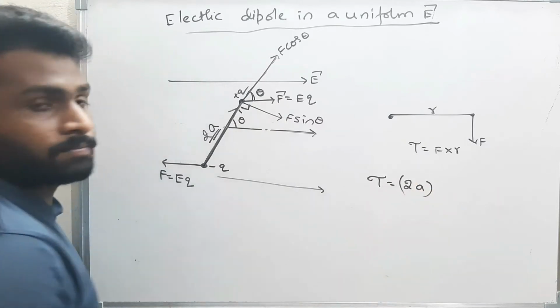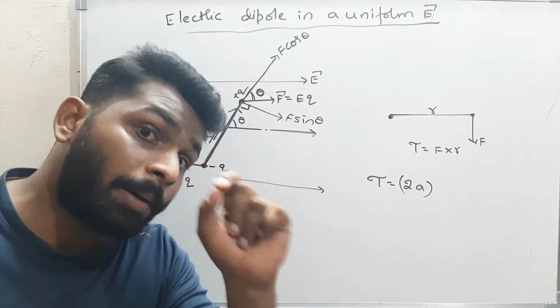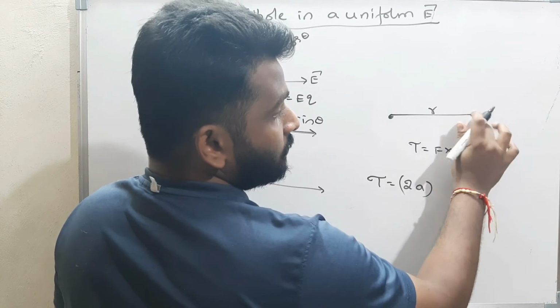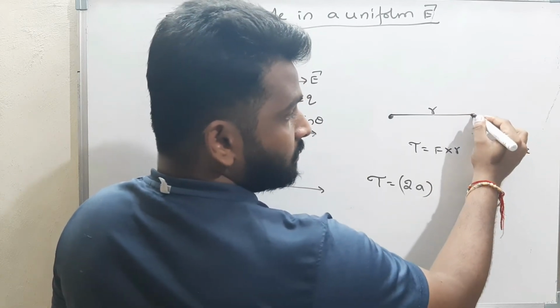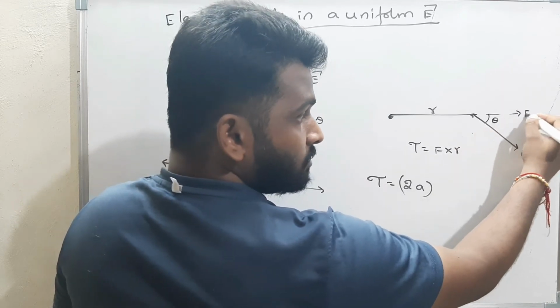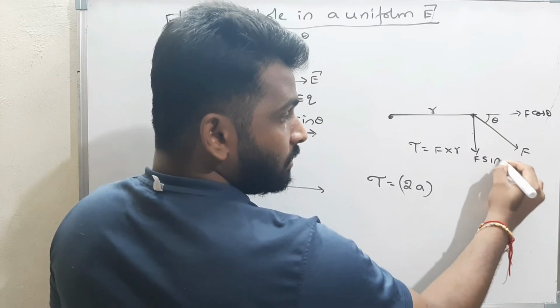And what is the force? Always we have to take the perpendicular force. If this is the force, and this force makes some angle theta, now this is f cos theta and this is f sin theta.